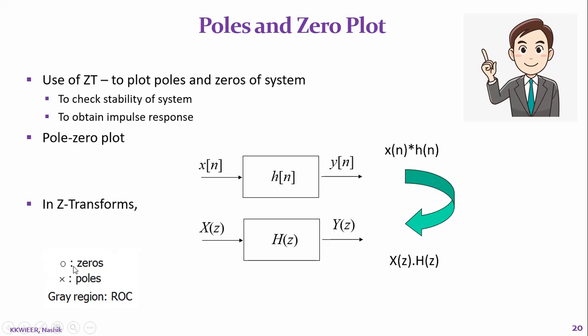We are going to denote zeros by this symbol and poles by this symbol. The ROC, that is the region of convergence, will be shaded in grey color.